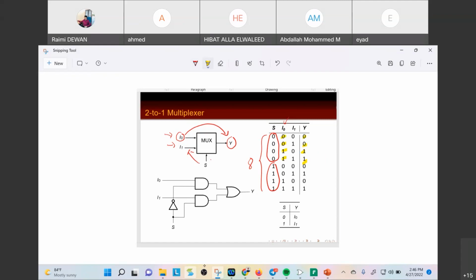Next, if it's 1, it will choose I1. That's why you can see it is always the same here.